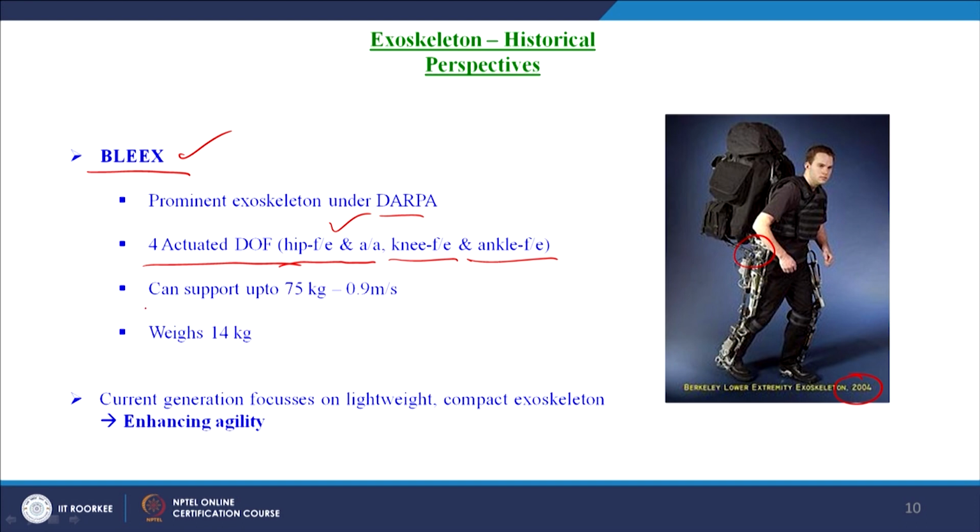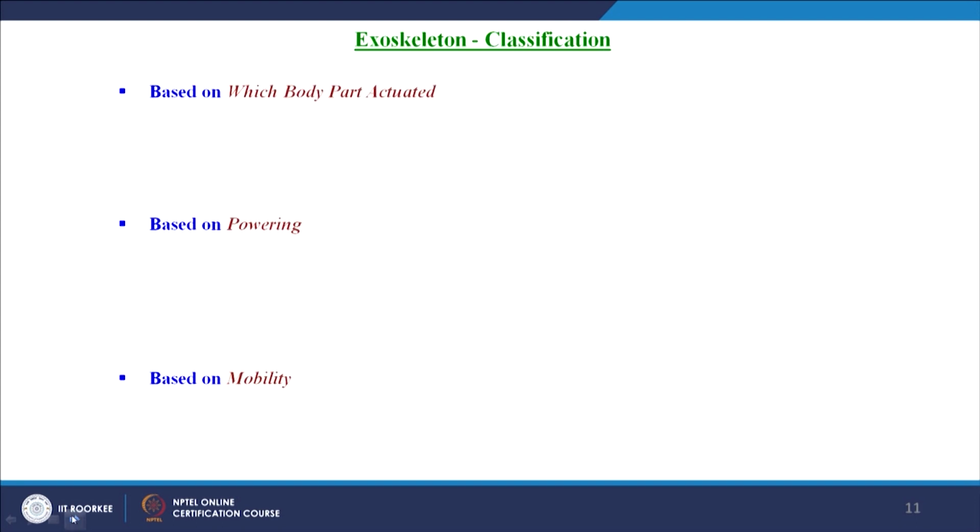It can support up to 75 kilograms with a speed of 0.9 meter per second, and the exoskeleton weighs only 14 kilograms. The current generation focuses on lightweight compact exoskeletons in order to enhance the agility of the human operator.